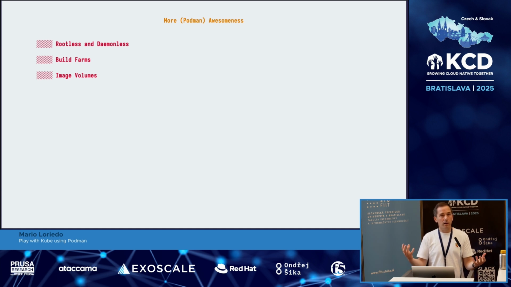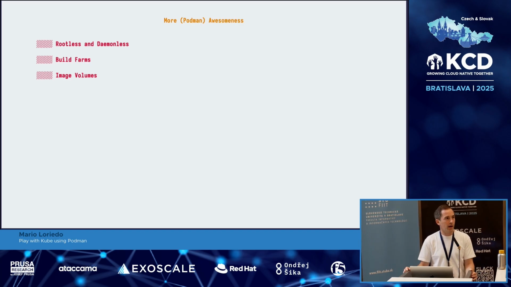So with volumes of type image, you can compose your containers with multiple images. It's not just from a single image, and that is popular today for AI. You can mount AI models in containers and then run an inference server inside the container, and that has also recently been ported to Kubernetes. So in Kubernetes you have volumes of type image, exactly for the same use case for AI models.